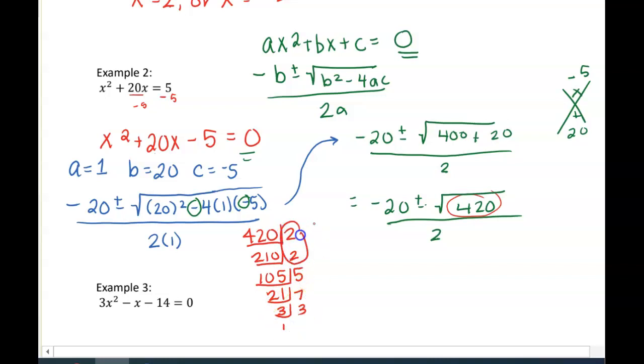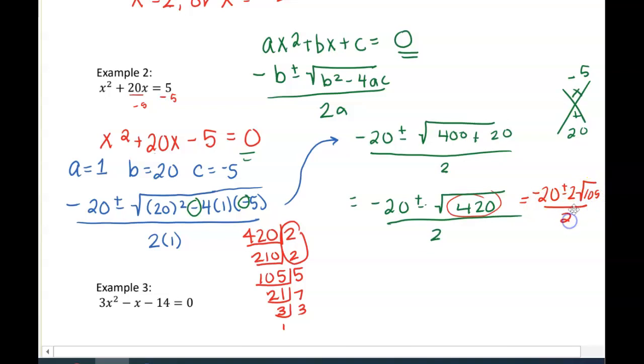So all we have is a pair of 2's. And we have 5 times 7 times 3 on the inside. So 5 times 7 times 3 on the inside is 105.